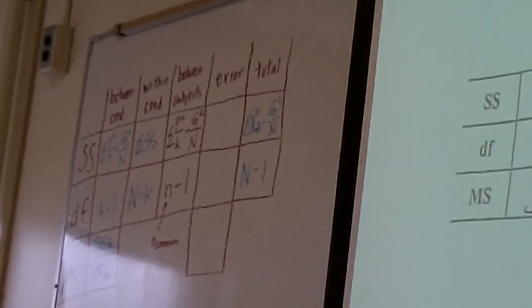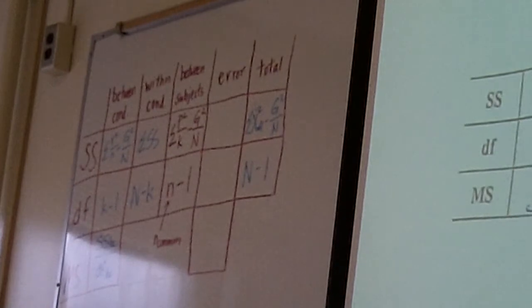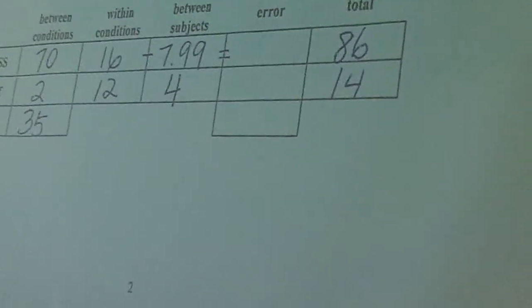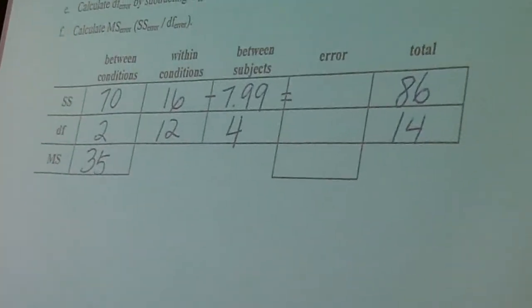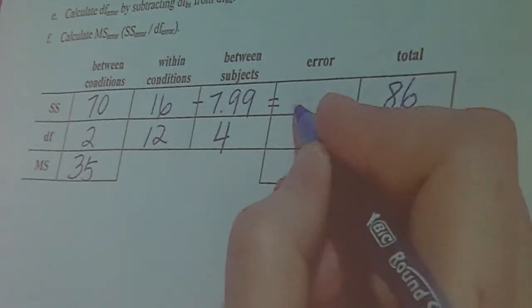And here's how we do that. Take 16 and subtract 7.99. So it's literally 16 minus 7.99. Write it in the box. What do you get? 8.01.